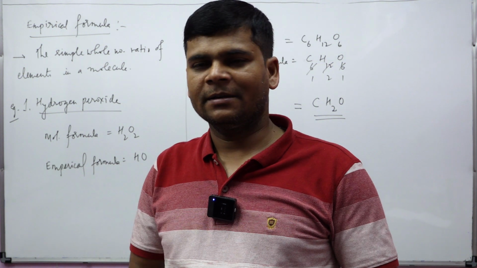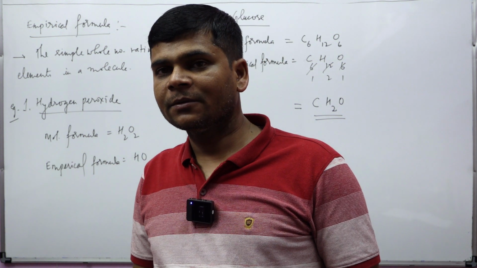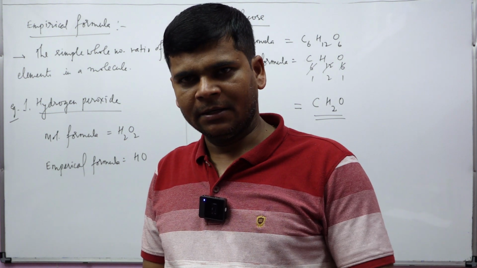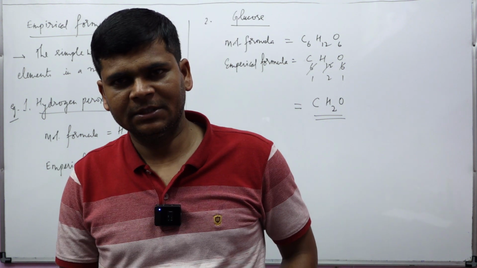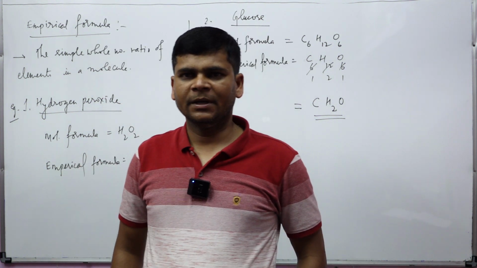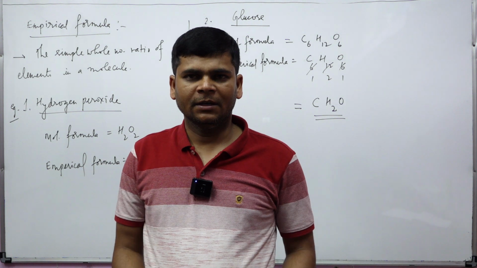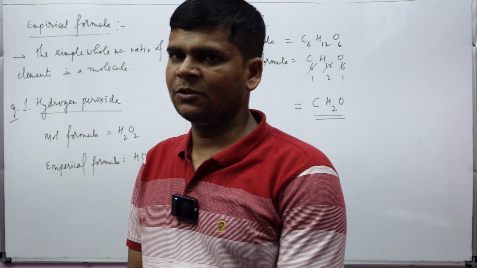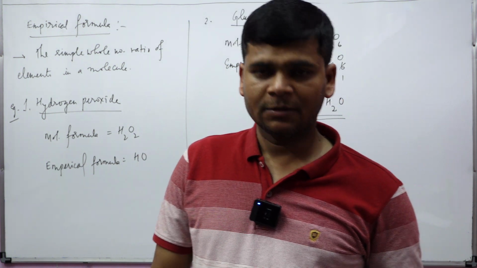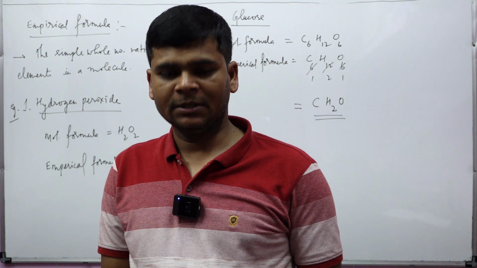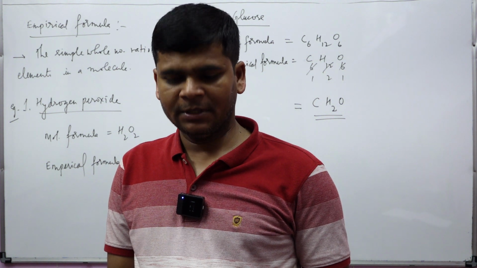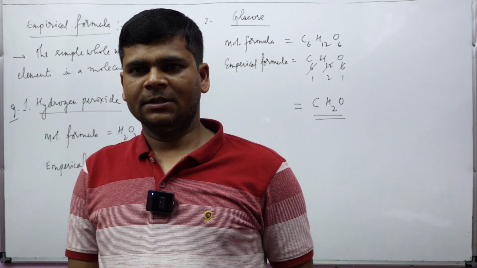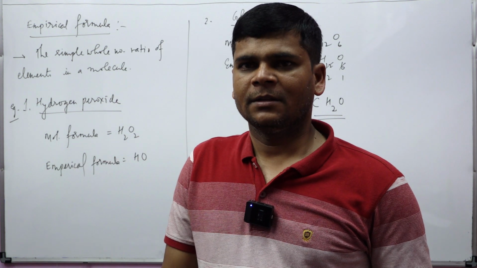For detail like radicals and all, you have to memorize the radicals along with the formal charges they carry, so that you may find it easy and you will be able to write the chemical formula, and it will be very useful in balancing the equations. So thank you for watching this video, and we will see in our next chapter of ICSE chemistry class 9. Thank you once again.